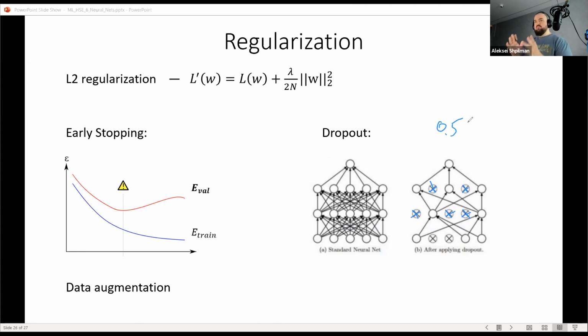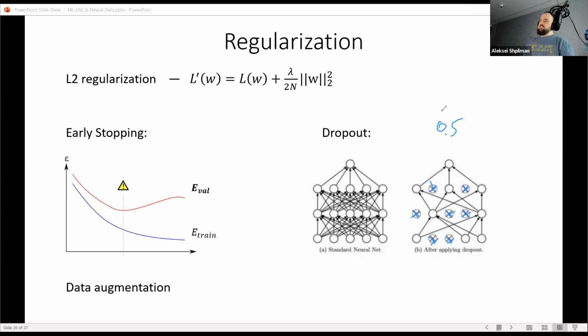So in that way, again, we want the network to be able to learn general laws about the data rather than memorizing paths. So we turn off these neurons, right? And then the next batch, we will turn off again randomly, we will turn off another half of neurons.